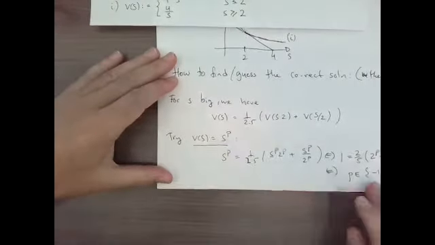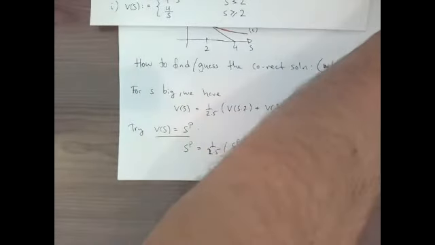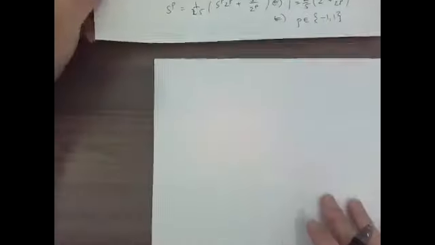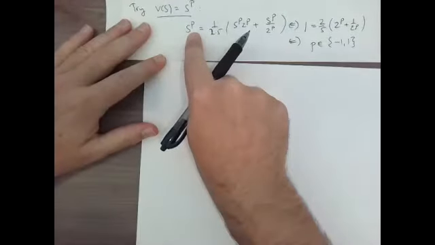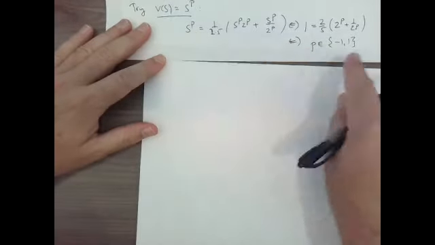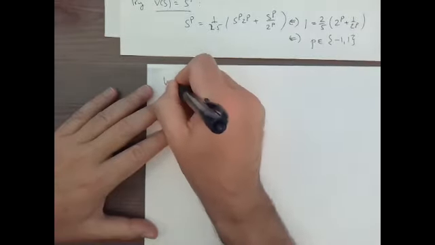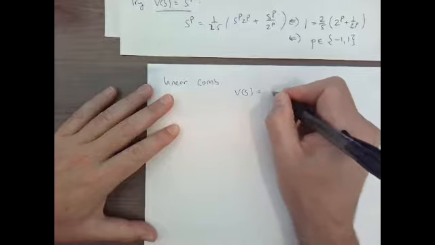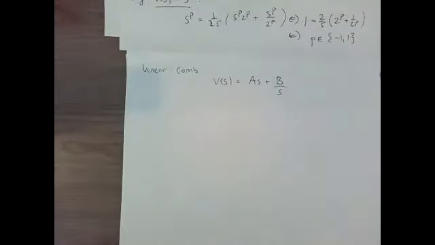All right, so this is our guess. When P is equal to 1, I get S. When P is equal to minus 1, I get 1 over S. So we take a linear combination: V of S is equal to A S plus B divided by S. So that's my guess.